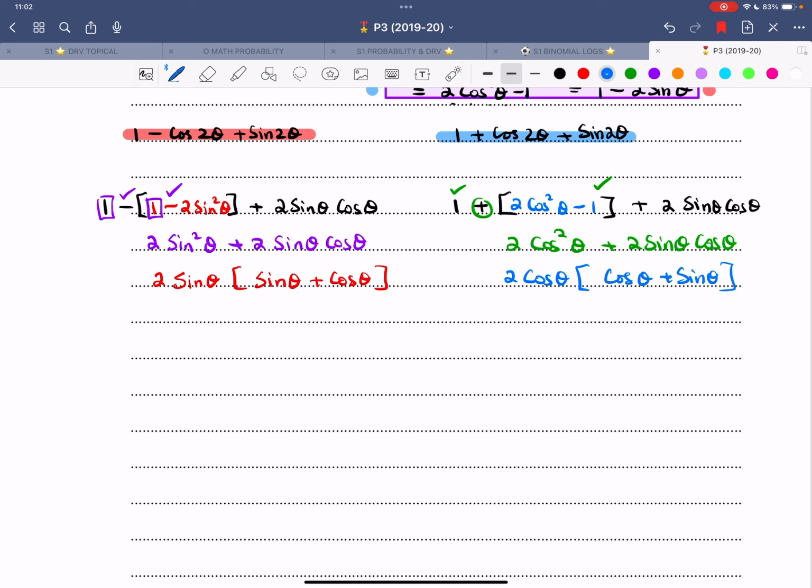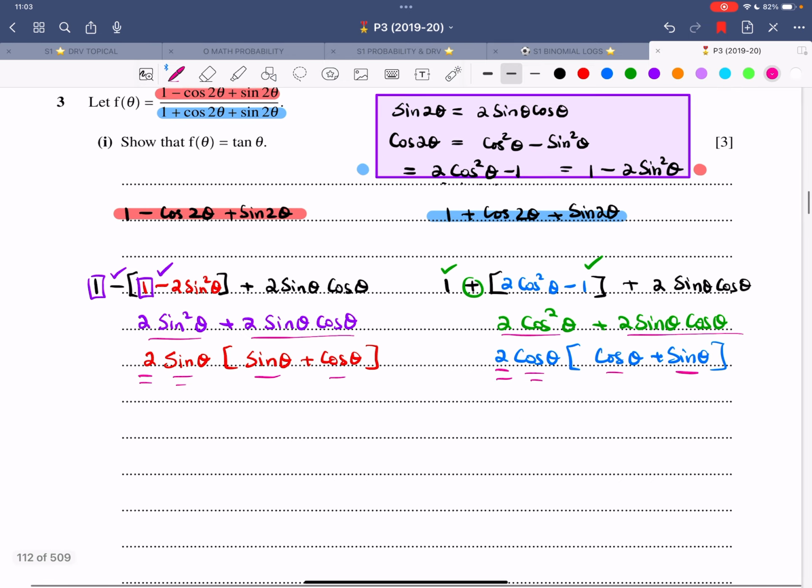Not a bad idea to double check. 2 cos theta, cos square theta, 2 cos theta, sine theta, 2 sine theta, cos theta. That is good. And over here, I have 2 sine theta, sine square theta, 2 sine theta, cos theta.